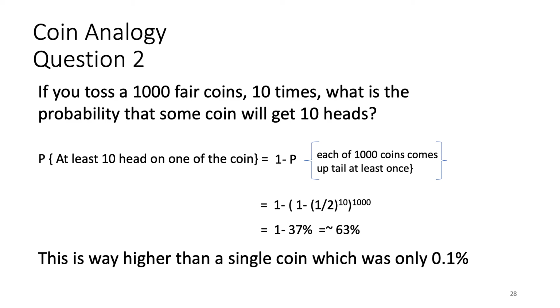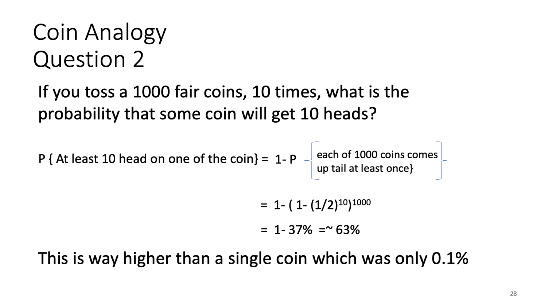That's why for multiple bins, you have to factor in their corresponding probabilities, or in this case, all those 1,000 fair coins. So that's why your bound will be weakened by a large margin.